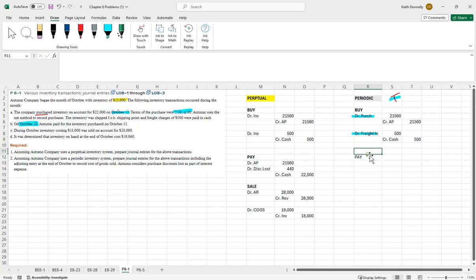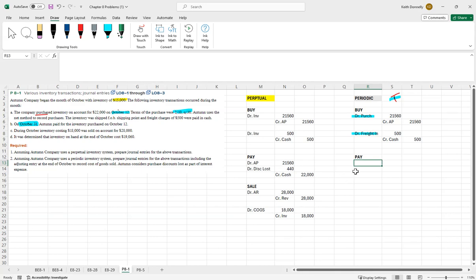Then we pay off. In this case, we're not in the window. Now, if we read the facts, for the second scenario, periodic, it says they consider the purchase discount lost as part of interest expense. So for this item, we're going to treat it as interest expense. We're not going to do purchase discount lost.